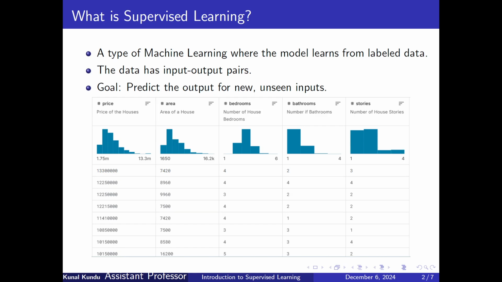For example, if we have data about houses, including price, area, bedrooms, bathrooms, and number of storeys, we can train a model to predict the price of a new house based on its features.